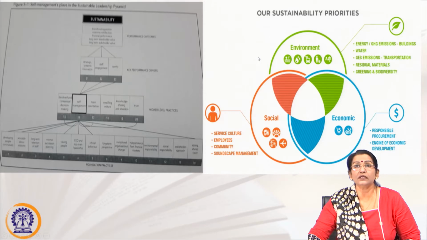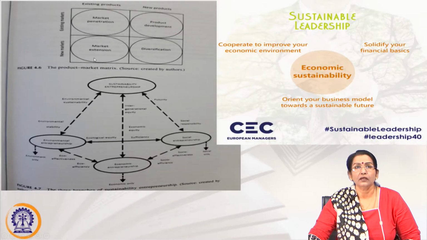These are the priority areas of the sustainability approach, the priorities of sustainability for an organization, and leaders are also supposed to look at them. This is also a framework.